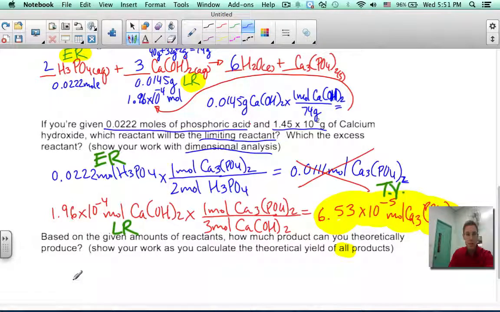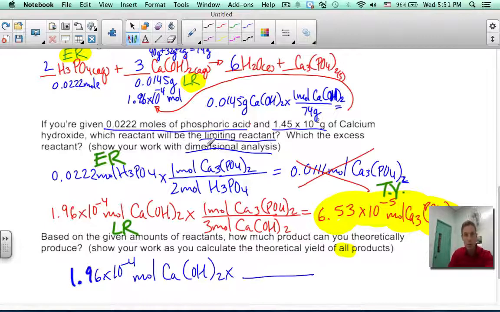So we know the limiting reactant. We have 1.96 times 10 to the negative 4 moles of calcium hydroxide. When I convert that into moles of water, I have to say that I have 6 moles of water for every 3 moles of the calcium hydroxide.